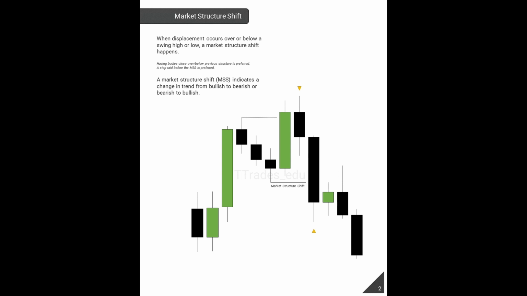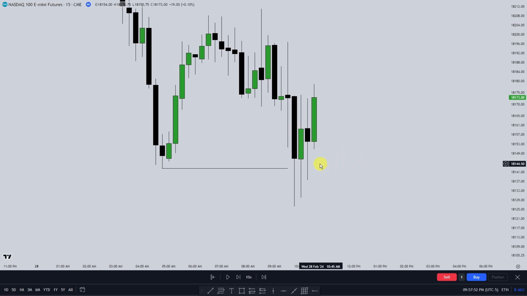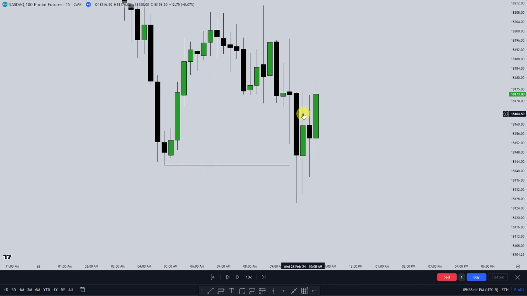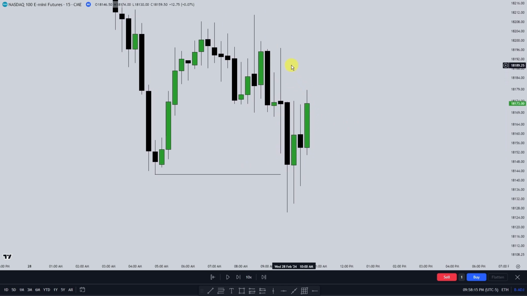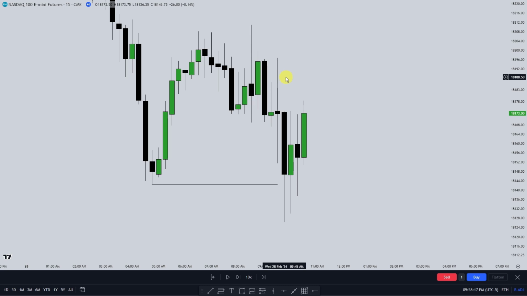And like I just showed on the chart, if there is no closure and it's just the wick, and it closed above the swing low or closed below the swing high, then that is a liquidity sweep. And you can expect a retracement higher to at least equilibrium or the closest liquidity.